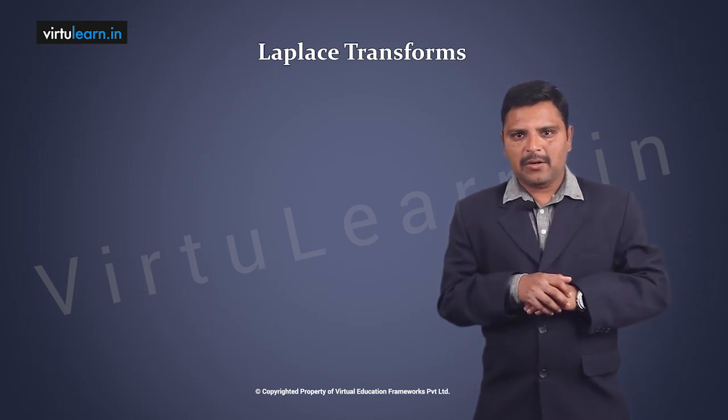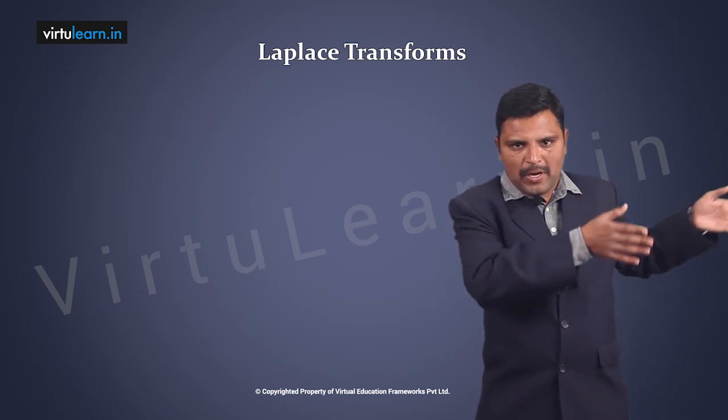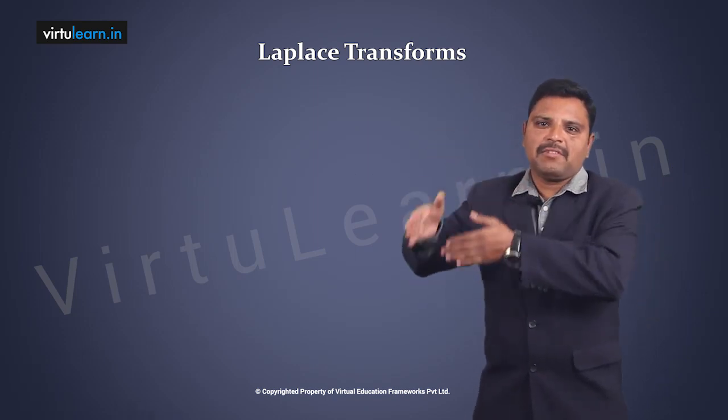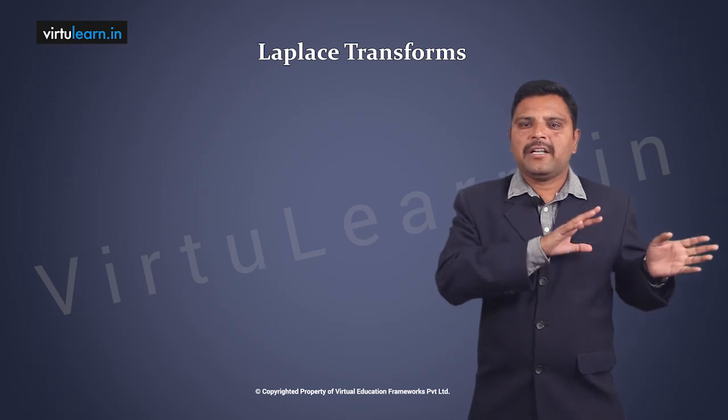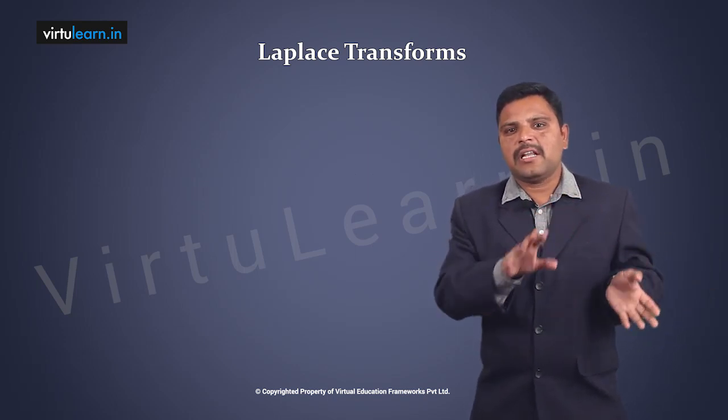Again, here we have two parts: one is the Laplace transform, the other is the inverse Laplace transform. Once you get the Laplace transform, we can automatically understand the inverse Laplace transform also.